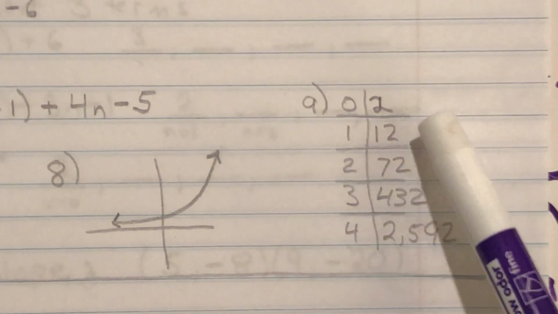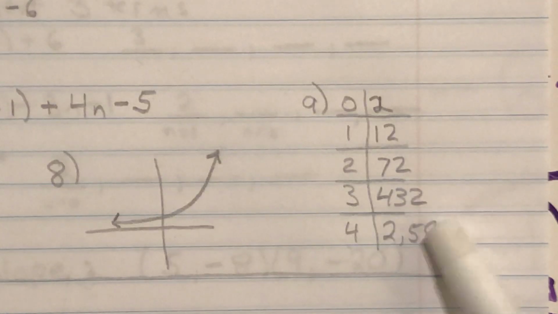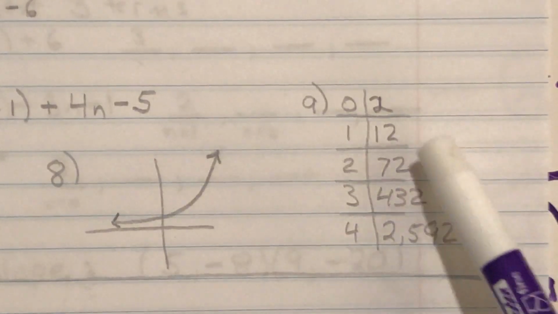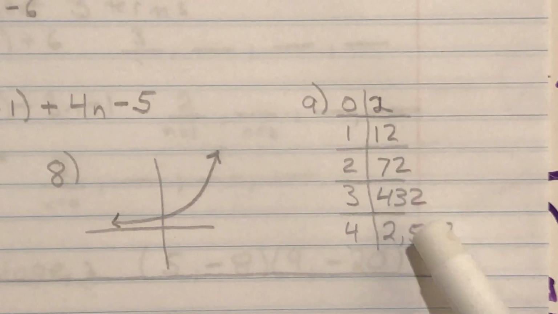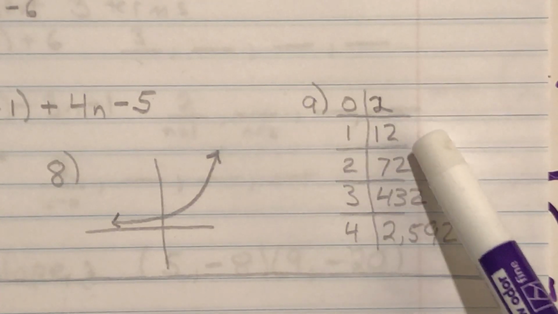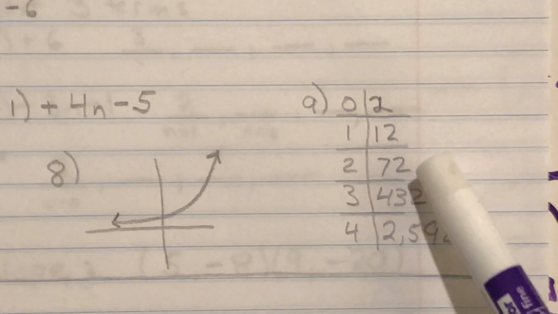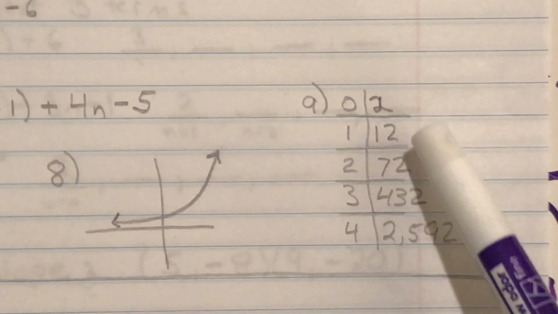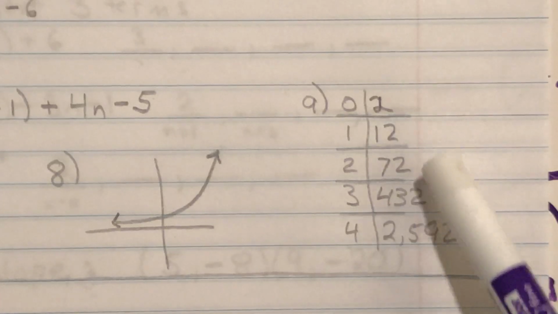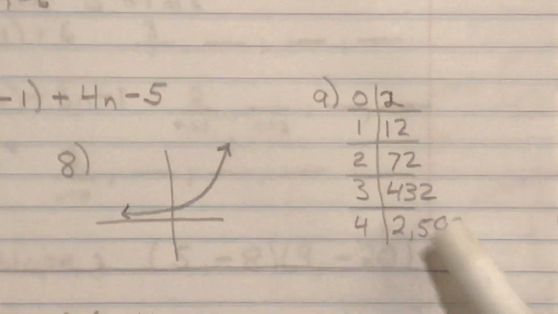But what you would have noticed is whether you're looking at the values or the first difference or the second difference, there's always a times 6 ratio between the terms. So if there's a common ratio between the answers, then we know it's exponential. And in this case, that common ratio is times 6. So exponential.